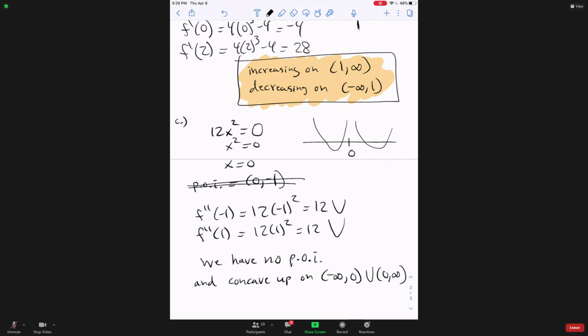At 0 itself, it's technically neither. Because at x equals 0 we don't have a positive second derivative, so we can't call it concave up.